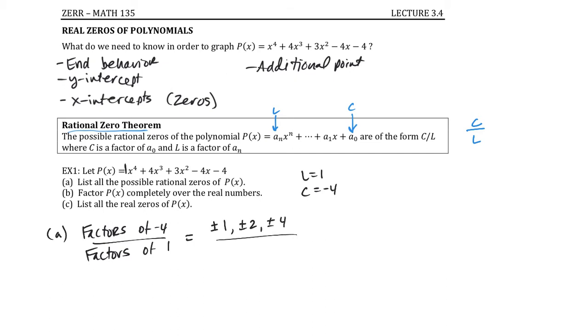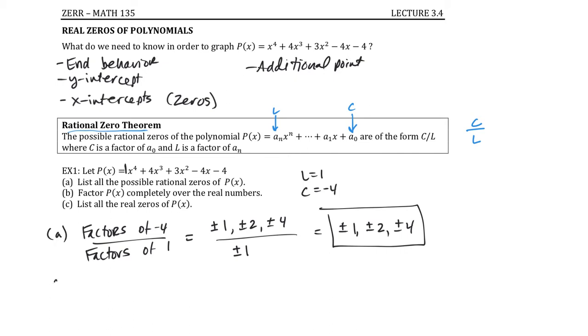Those are all the different ways we can get to -4 if we divide it by either a positive or a -1. Dividing by 1 would leave us with the same number, but dividing by -1 would change the sign, but we're taking care of that here because we're saying it's positive or negative. So there's all the different possible rational zeros.